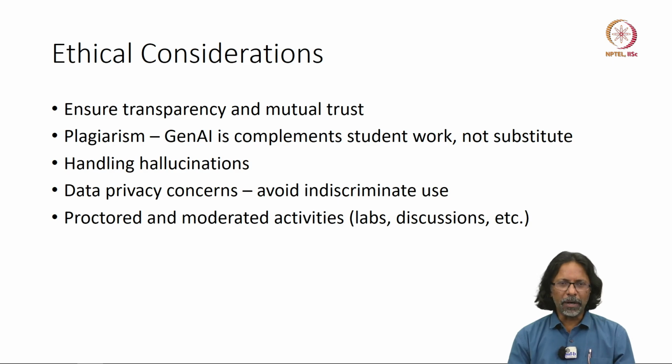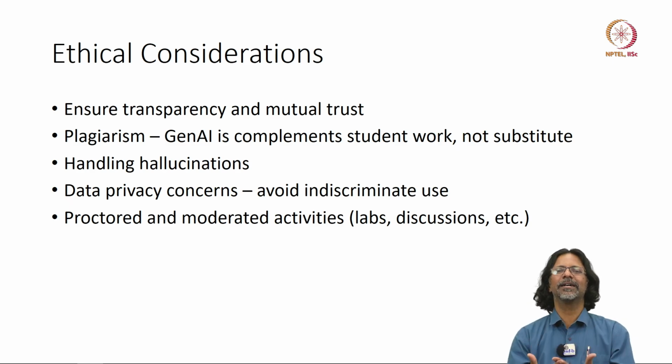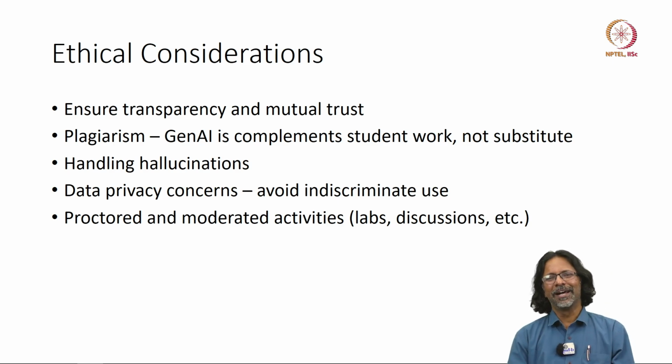So the most important first step is to ensure transparency and create that mutual trust, right? So mutual trust between the learner and the instructor. So what do we mean by mutual trust? Course instructors should not be in denial.